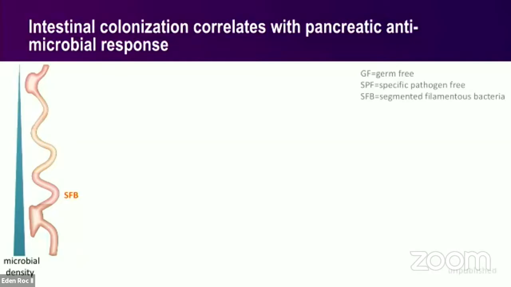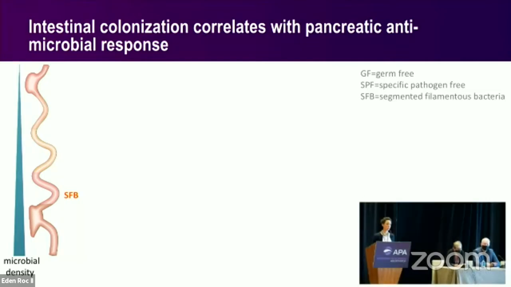So let's first go for the blood route. One thing that struck me when I entered the mucosal immunology field, which I only did during my postdoc, was that people were talking about these antimicrobial proteins called the Reg proteins in the context of antimicrobial defenses in the gut, whereas I had initially encountered them in the pancreas.